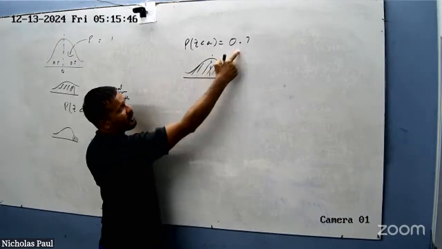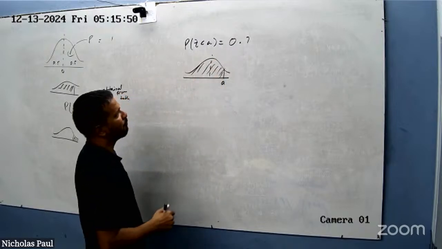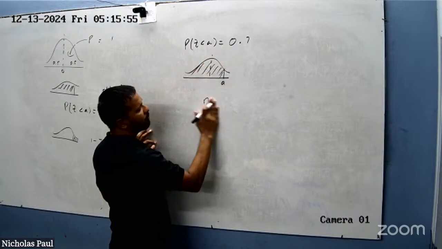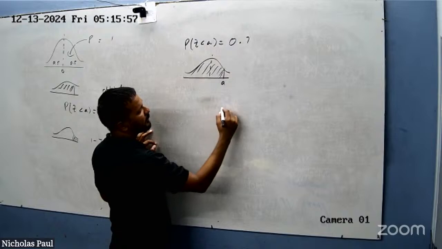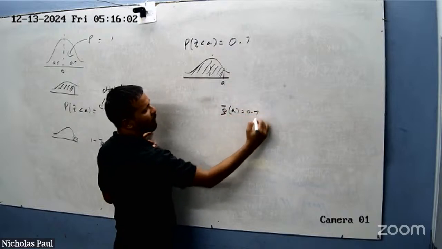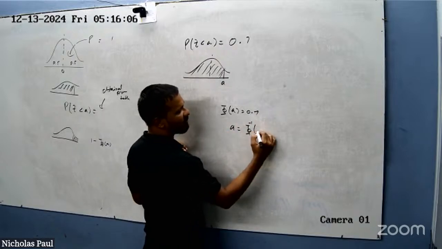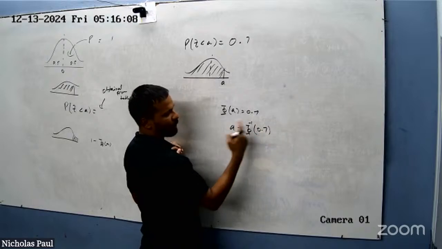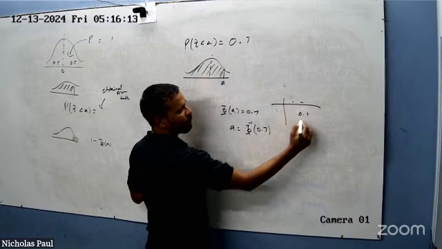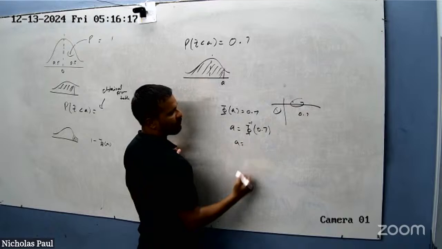In order to get a, they said phi of a is 0.7, so I have to go to phi inverse of 0.7. You go to your table, and you read off 0.7 here. You take this value and that's what a will be.